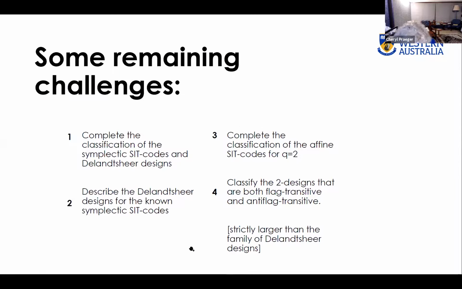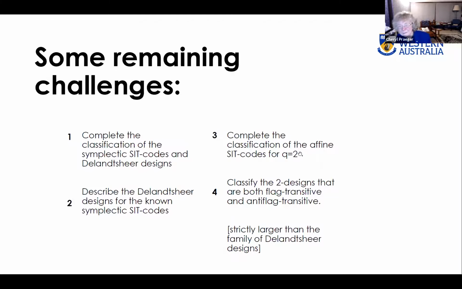There's lots and lots of challenges. Please, it would be wonderful to complete this classification of these SIT codes and Delandtsheer designs in the symplectic case. It would be nice to know, even for the examples that we found, we don't really understand what they're really like as designs.